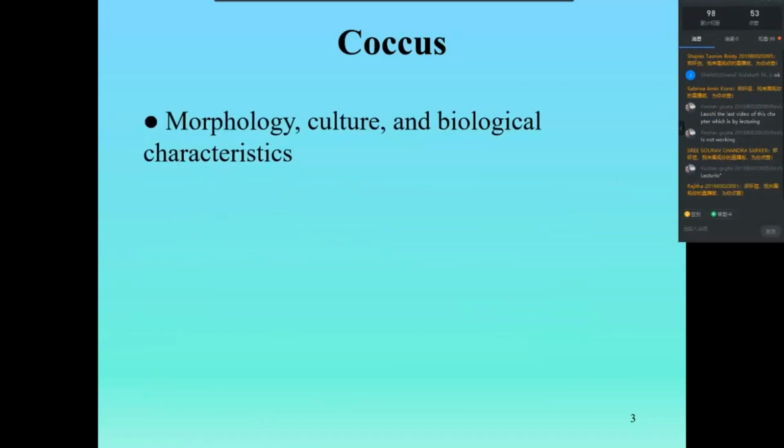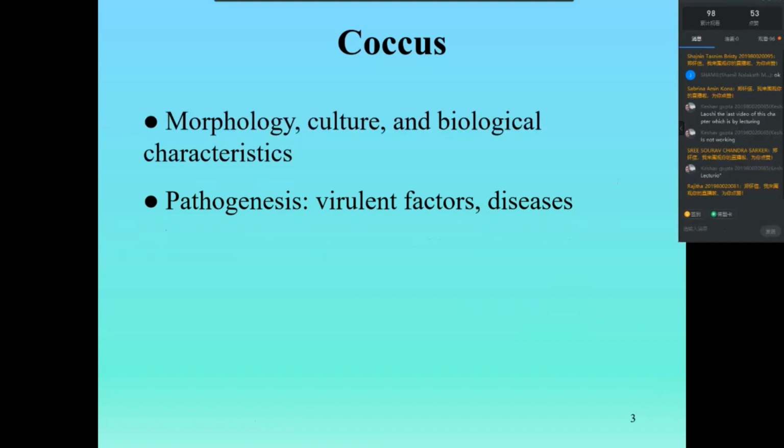So from today on, we'll learn Coccus and other pathogens in a similar pattern. We'll introduce their morphology, culture, and biological characteristics first, and then their pathogenesis, like the important virulence factors or the diseases they cause.